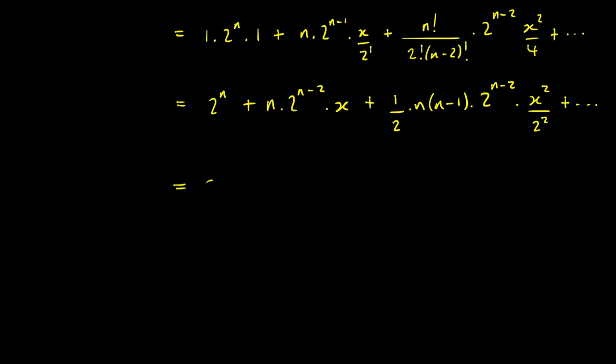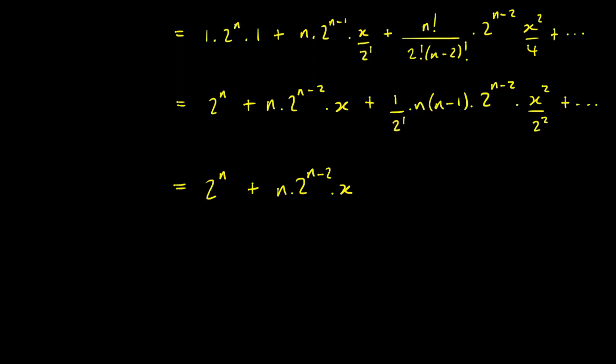So this is 2 to the power of n plus n times by 2 to the power of n minus 2 x. All right, now we've got 2 to the power of n minus 2 divided by 2 to the power of 2, right? So we're subtracting. So we've got n minus 2 minus the 2, so it'll be n minus 4. And then we got another 2 here, which is 2 to the power 1.